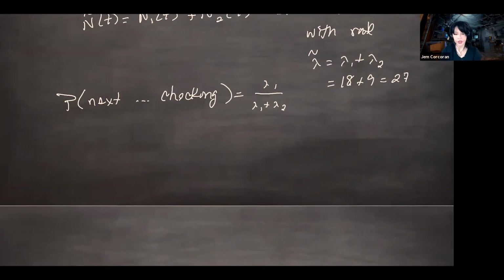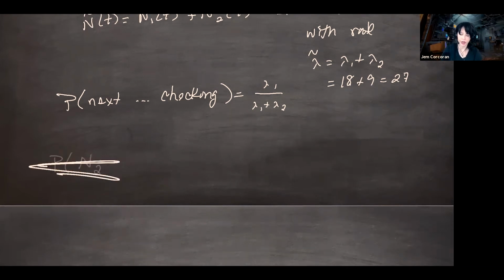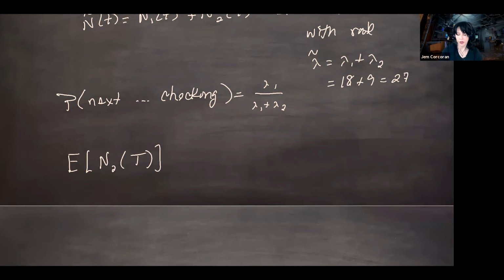Another way is to compute the expected number of savings account transactions. Oh, so I don't want a probability, I'm so sorry. I want an expectation: the expected value of N2 of capital T, where capital T is exponential with rate 18.